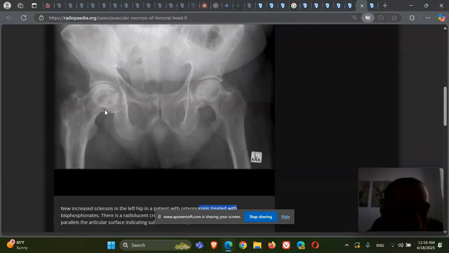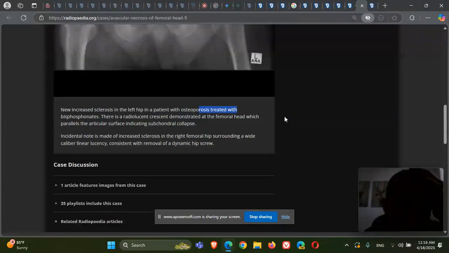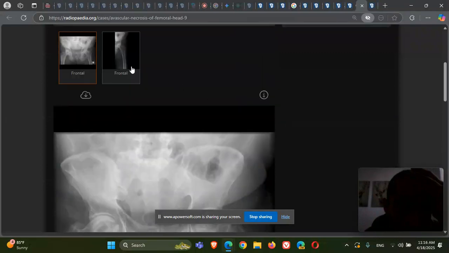Here it's very hard, but there is a higher radio-opacity in the femoral head. It's more sclerotic, and this sclerotic area is the hint for avascular necrosis. Quite hard to see and to note, but there is some sclerosis. There may be some irregularity of the subchondral area.